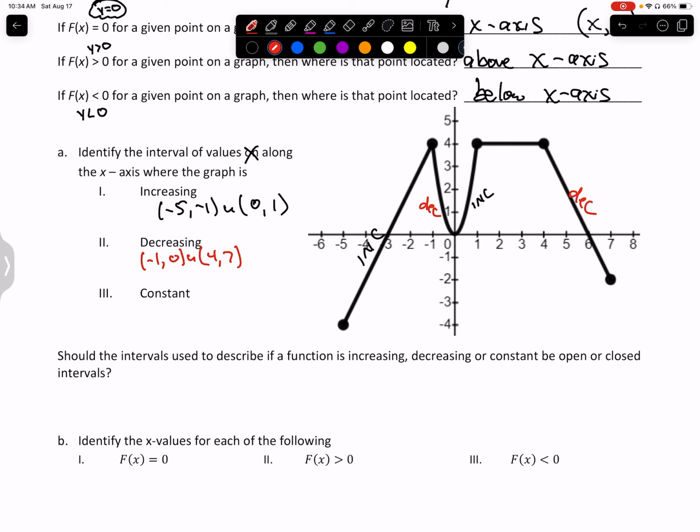Decreasing intervals are never inclusive. I'm going to say that a lot because it's commonly missed. Constant means you have a horizontal graph. It means as you move left to right, it neither increases nor decreases, it stays the same. This is also non-inclusive endpoints. It's constant from 1 to 4.